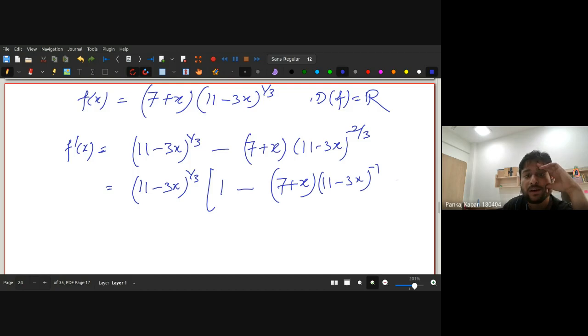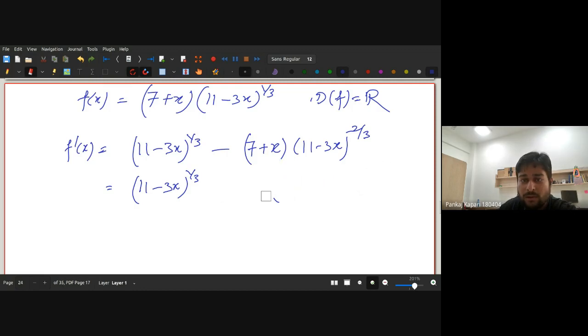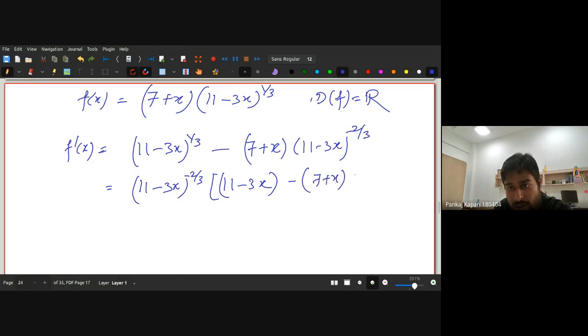This says minus 1 plus 1/3, which is minus 2/3. So I think we should take (11 minus 3x) to the power minus 2/3 common. In the bracket, I'll be left with 11 minus 3x, because 1 minus 2/3 is 1/3, and minus (7 plus x). This is a better expression.